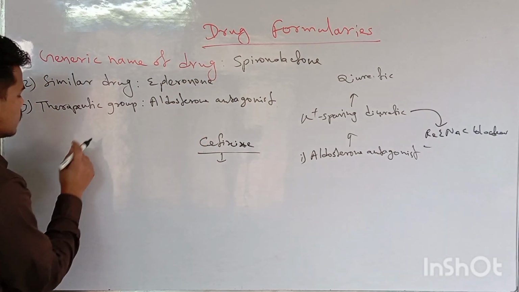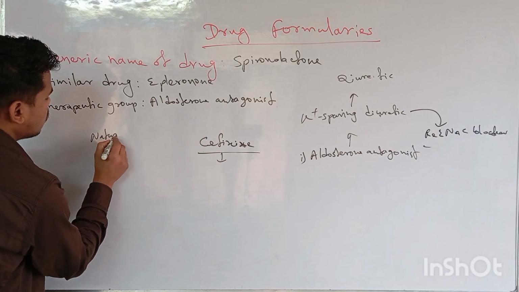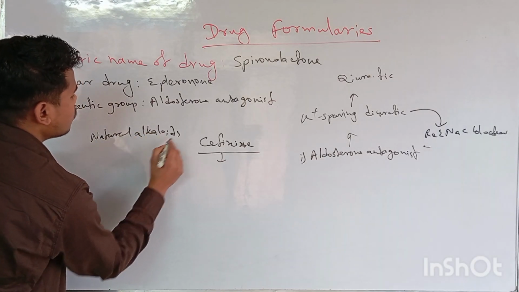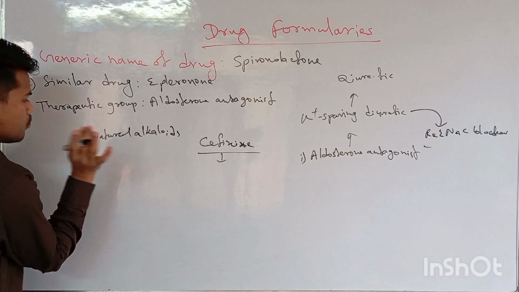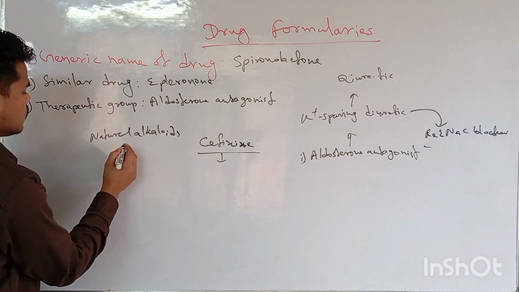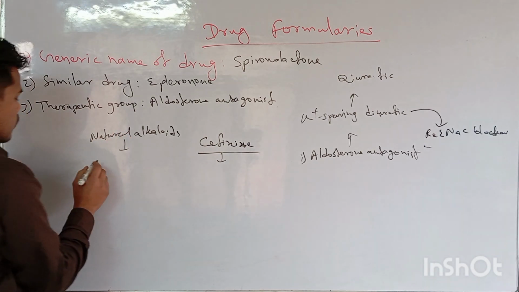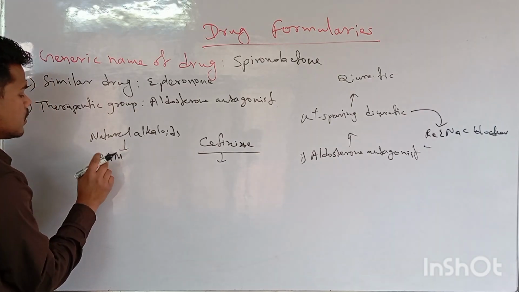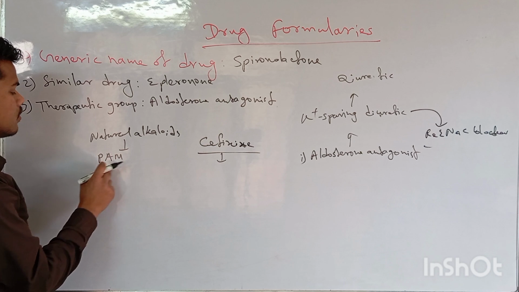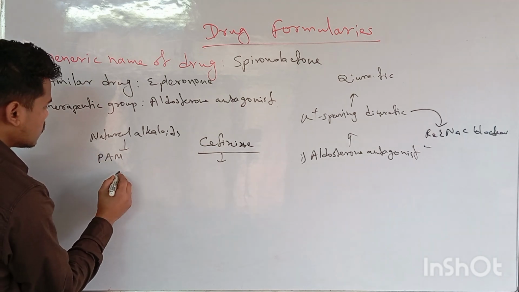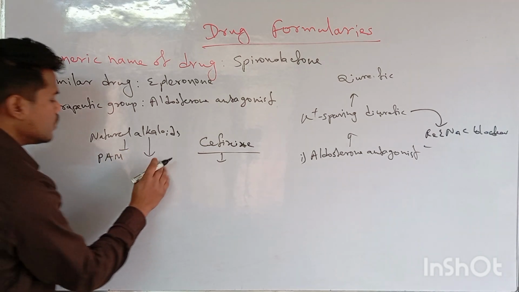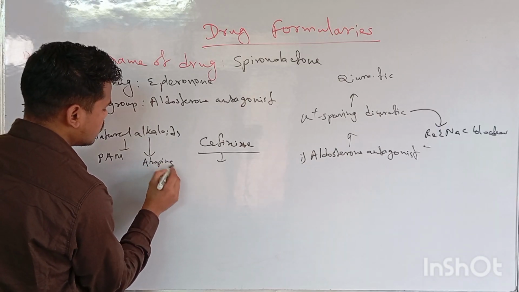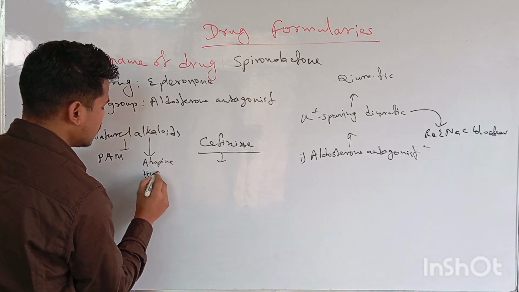confusion can arise, like natural alkaloids. Natural alkaloids include both cholinergic and anticholinergic drugs. In cholinergic, it includes pilocarpine, arecoline, muscarine, and in anticholinergic, these natural alkaloids will include atropine and hyoscine.